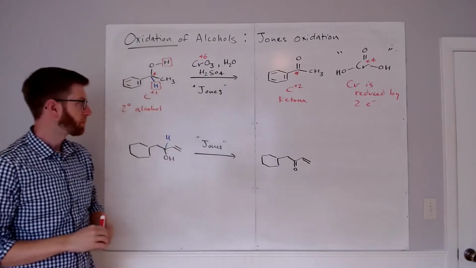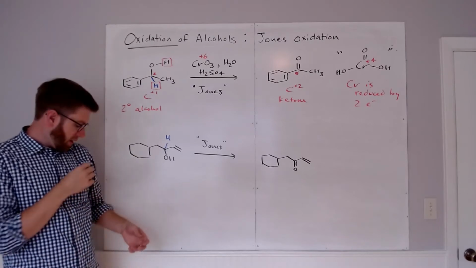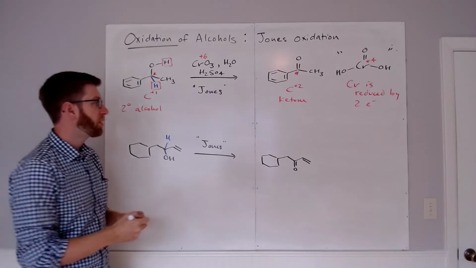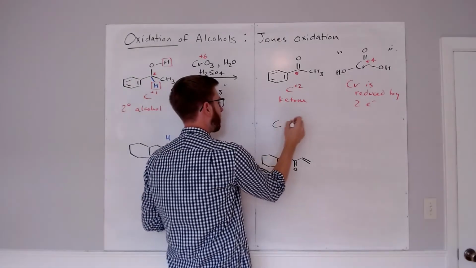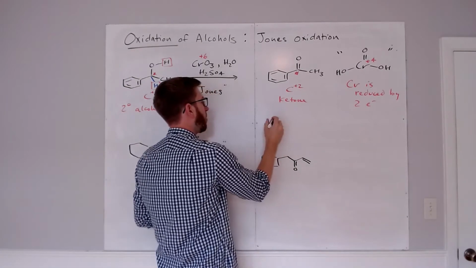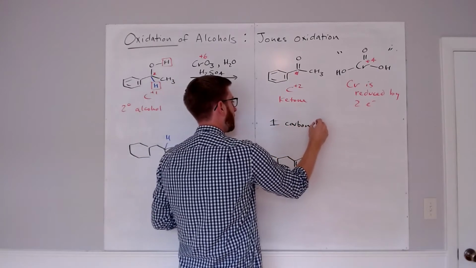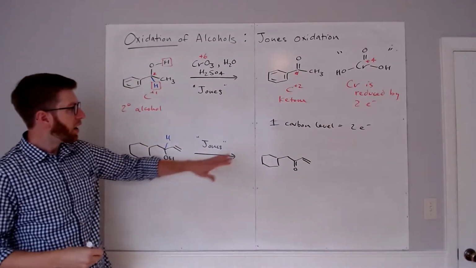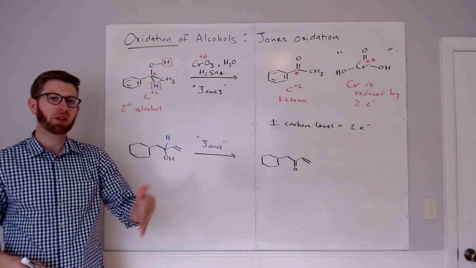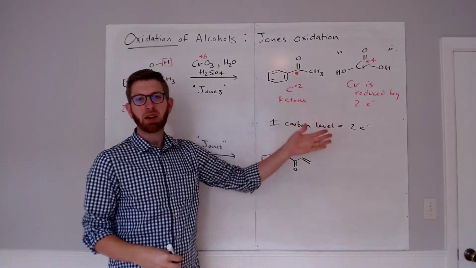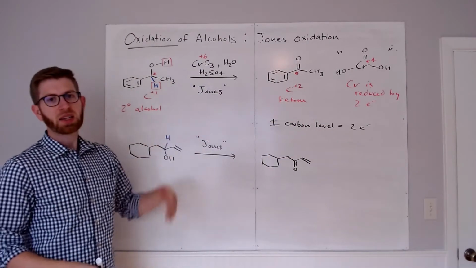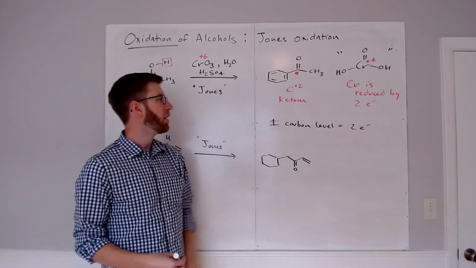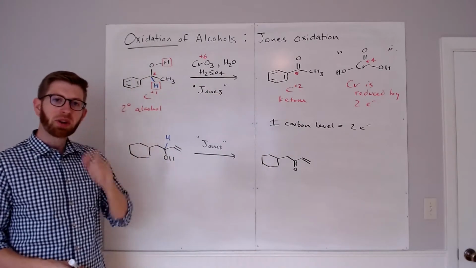What we can say from this observation, and if we study other types of oxidation reactions, you'd see the same thing, is that 1 carbon oxidation level is equal to 2 electrons. So every carbon level that I change, like +1 to +2, I'm going to change my oxidizing agent by 2 electrons. So in the alcohol reaction, we'd go from +6 to +4, and that's going to correspond to 1 carbon oxidation level change.